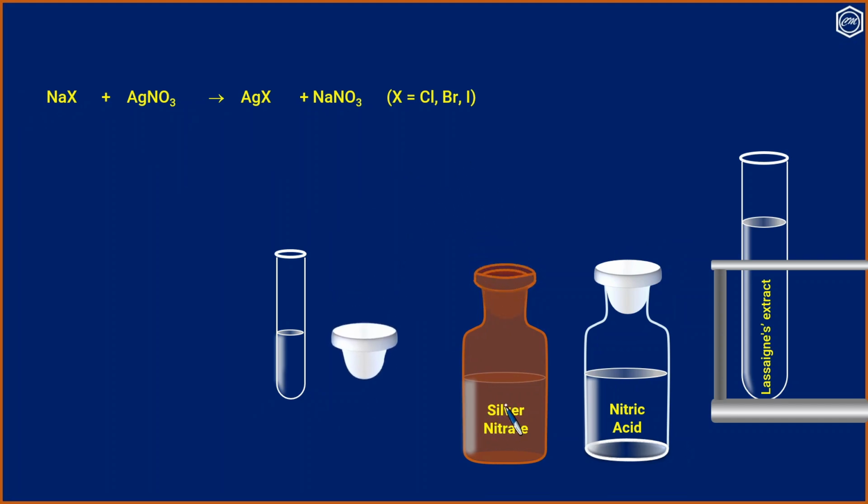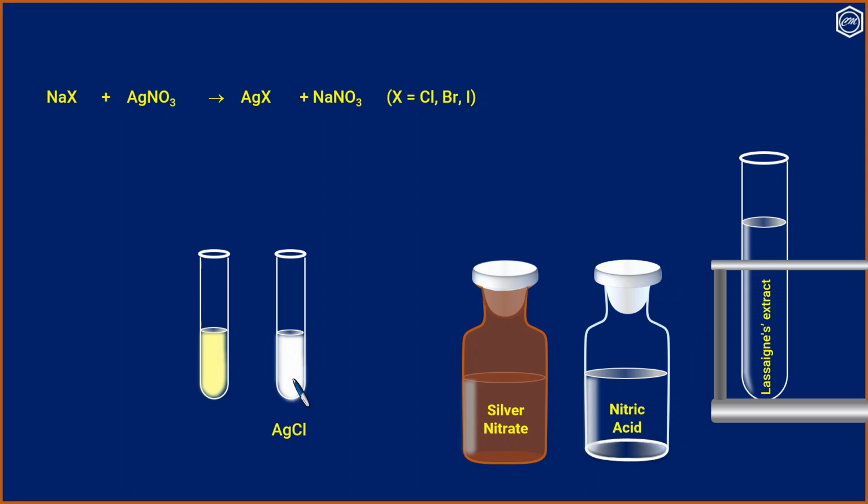This is silver nitrate solution. And again, we are using a dropper to add a few drops. So a curdy white precipitate is formed here. And this indicates the formation of silver chloride, and that shows the presence of chlorine.